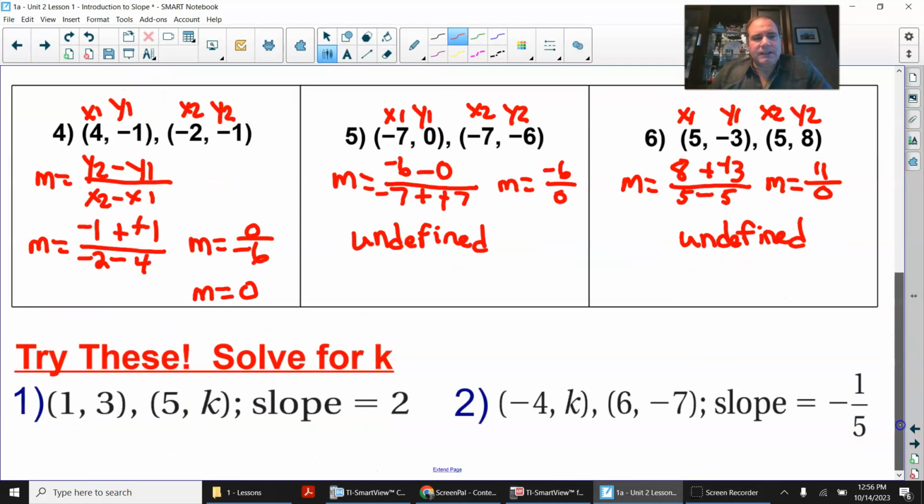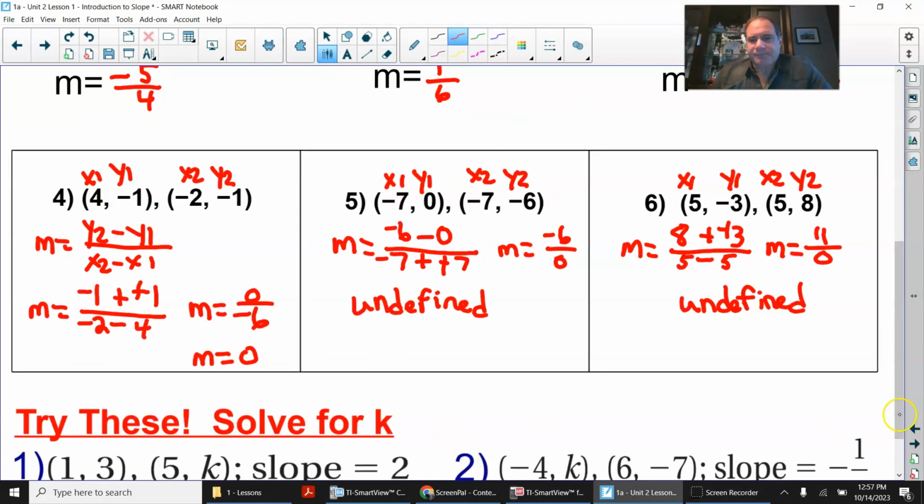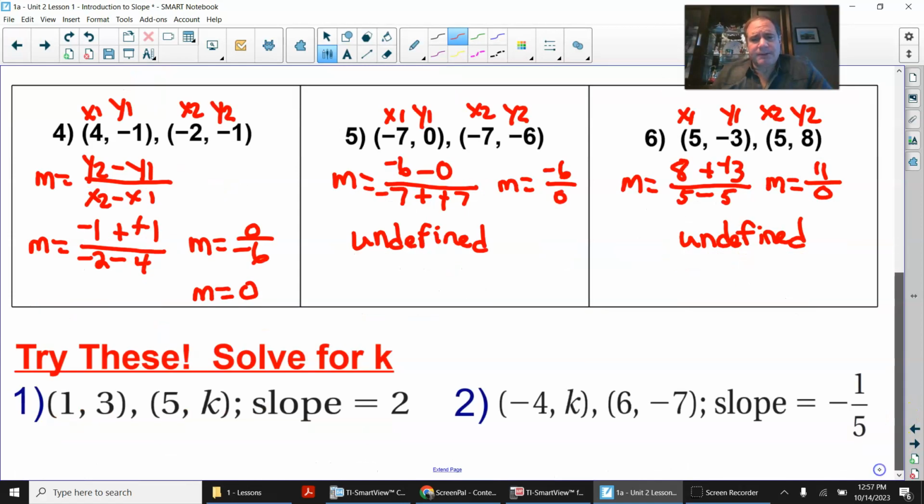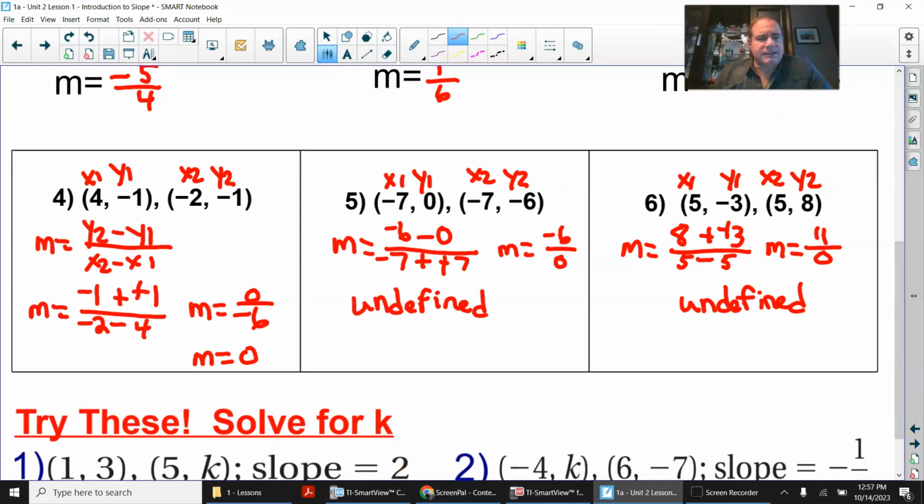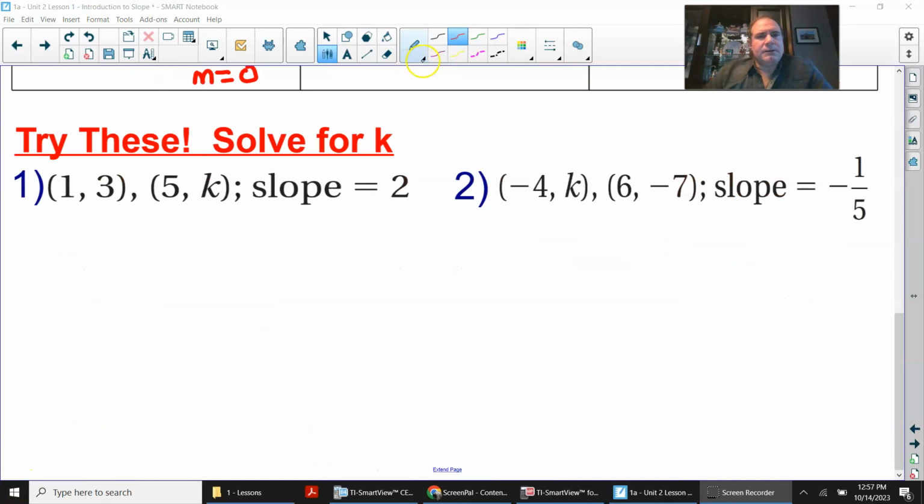So for the try these, these are a little bit more difficult, and I'll go through exactly what you need to do. Just remember, you always start out with labeling x1, y1, x2, y2. Just like that.